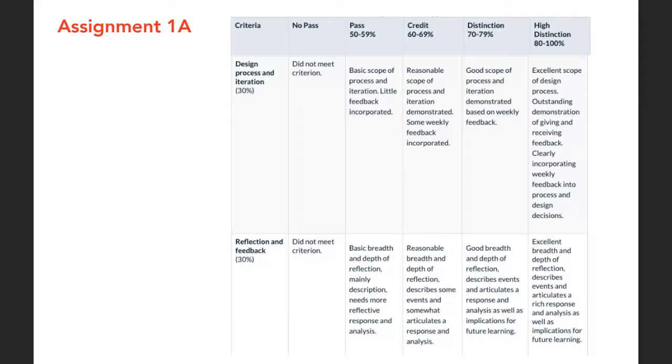For 1A as well, the design process and iteration for a high distinction. You want excellent scope of design process, outstanding demonstration of giving and receiving feedback, clearly incorporating weekly feedback into process and design decisions.